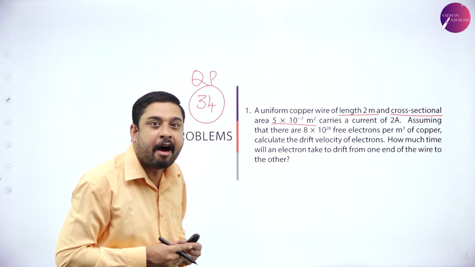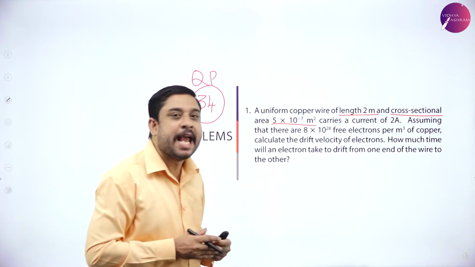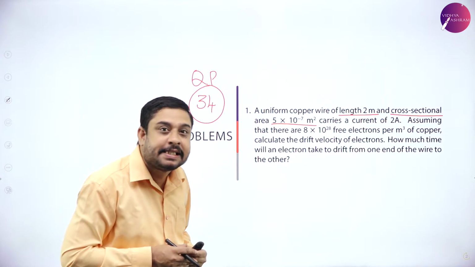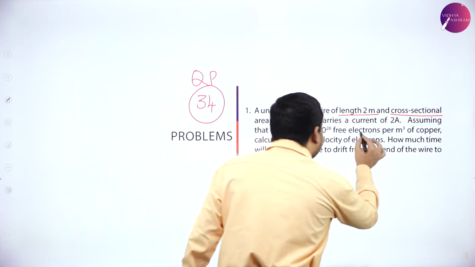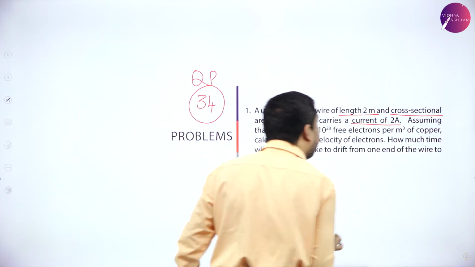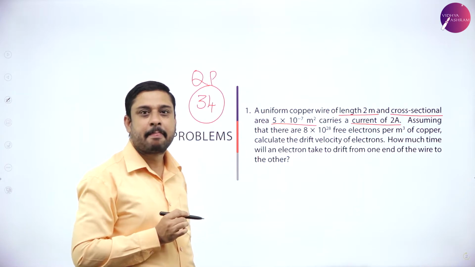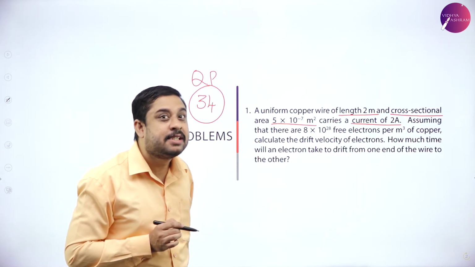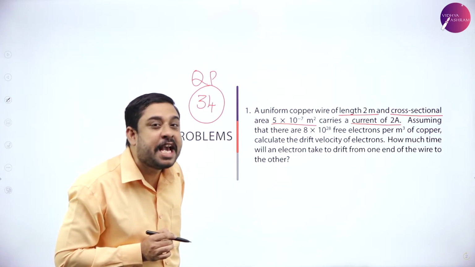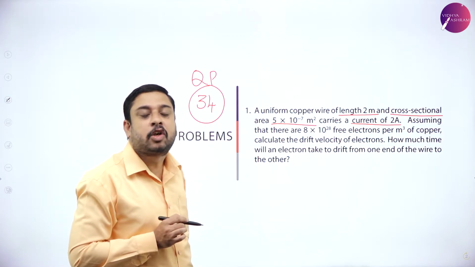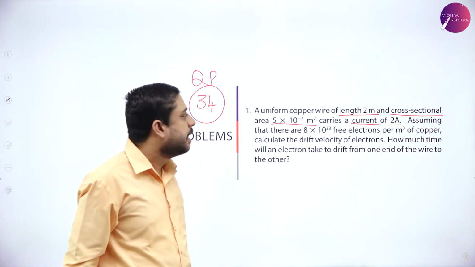Cross-sectional area is given, 5 into 10 power minus 7 meter square, carries a current of 2 amperes. So, if you analyze, I have already got 3 informations, what I call data, from the question.